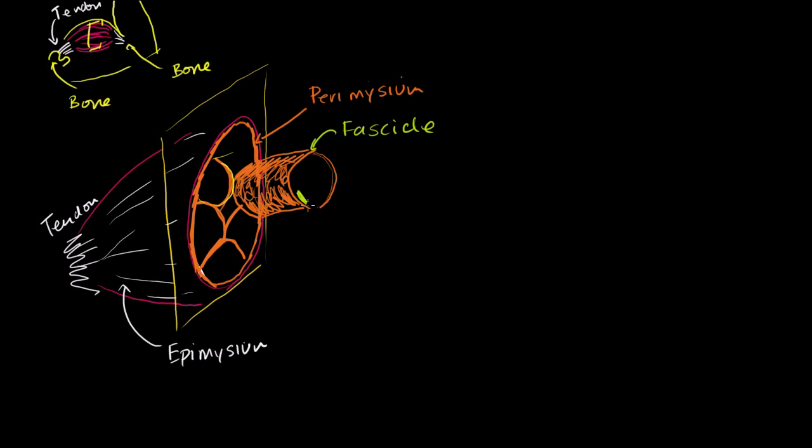So let me draw the endomysium right here. Once again, more connective tissue, it has capillaries in it, has nerves in it, all of the things that have to eventually come in contact with muscle cells. We're inside of a single muscle.